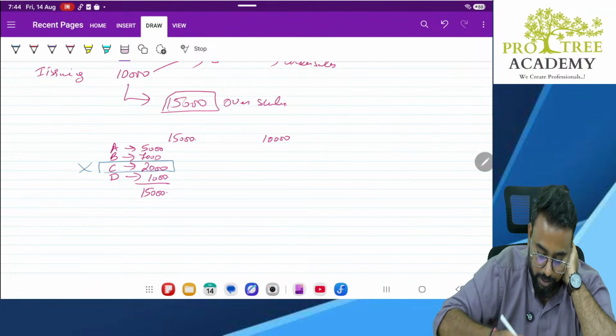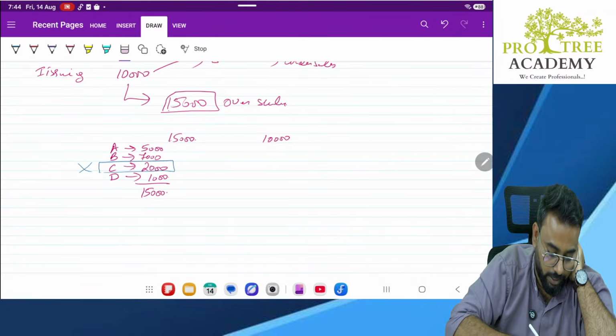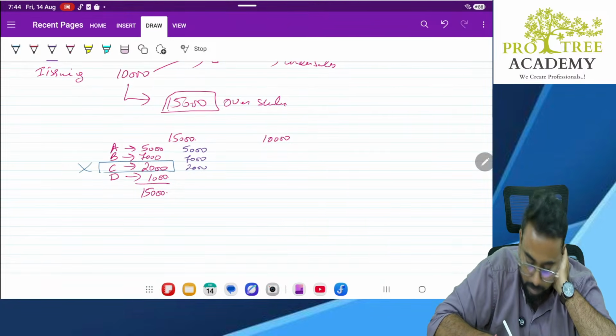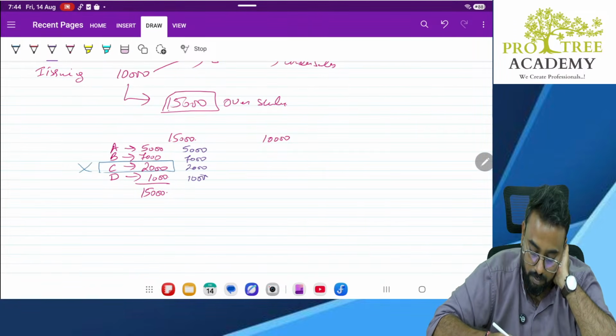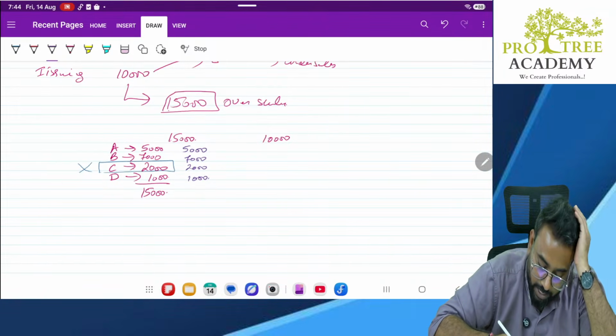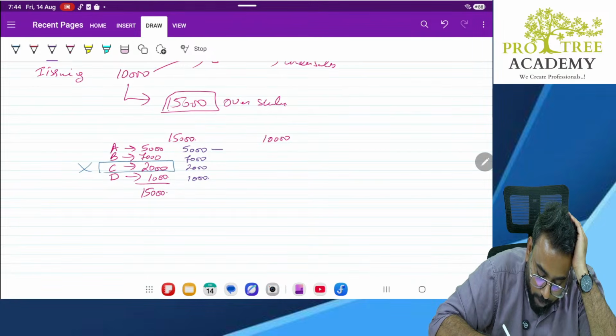So what they do is, they don't do it like this. Instead, they do it like this. Say how many shares applied? 5,000, 7,000, 2,000, 1,000. So entirely, rather than rejecting C, what I will do is, see, you have applied for 5,000, no?